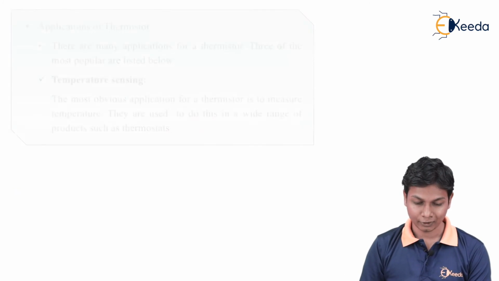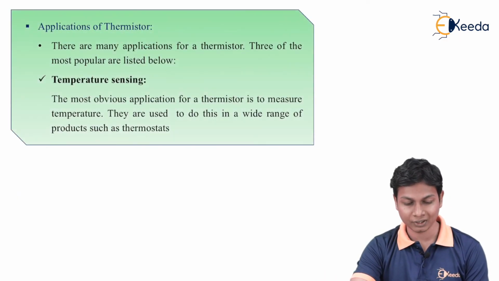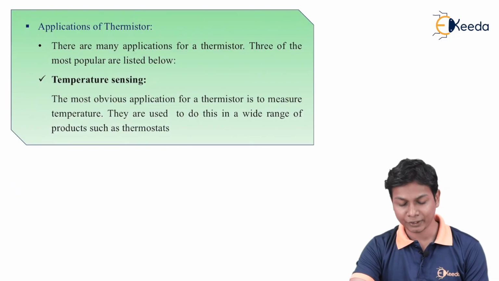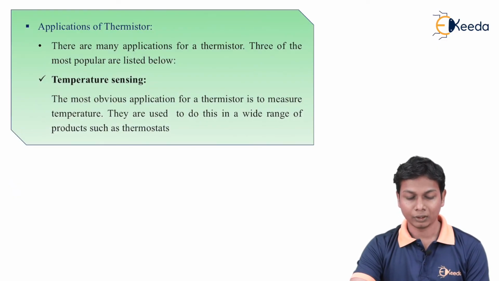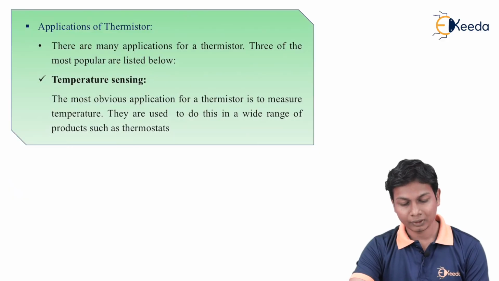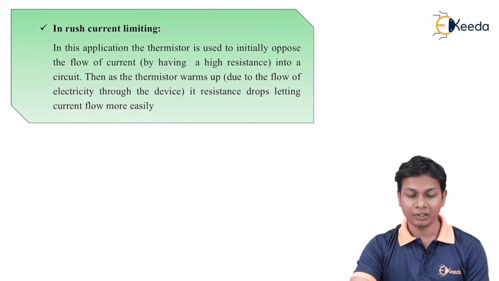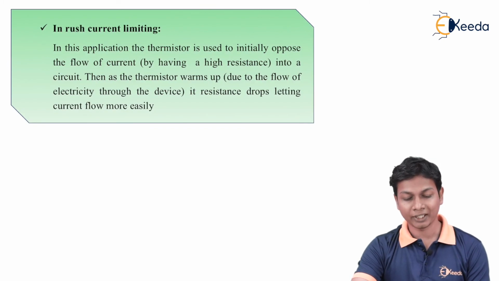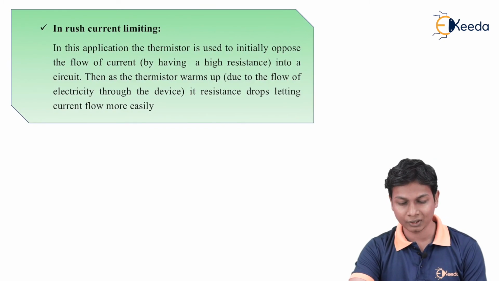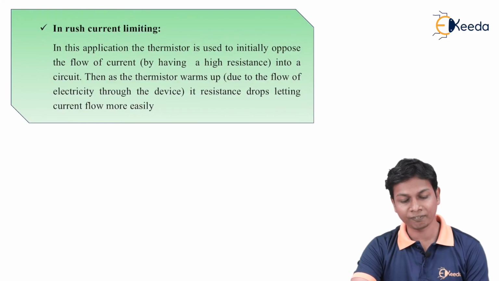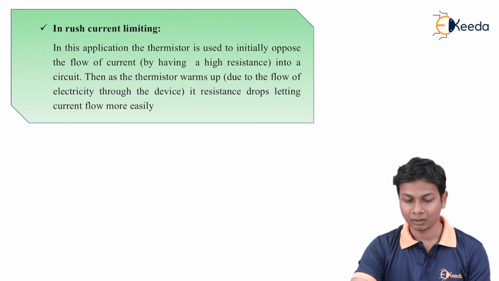So here are the applications of a thermistor. There are many applications. The most obvious application of a thermistor is to measure temperature. They are used in a wide range of products such as thermostats. In inrush current limiting, the thermistor initially opposes the flow of current by having high resistance in the circuit.